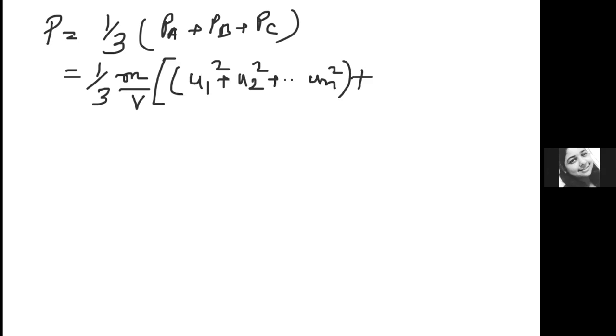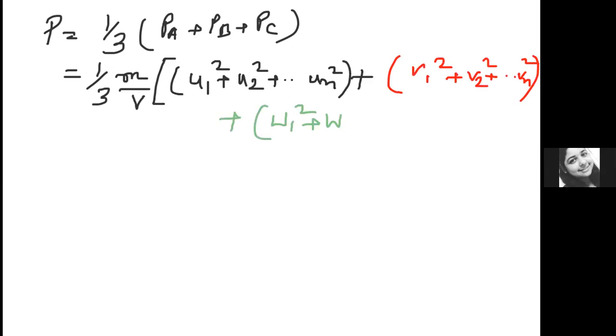I then have this part V1 square plus V2 square plus dot dot dot Vn square, and I have another part that is W1 square plus W2 square plus dot dot dot Wn square. So these 3 parts are for this portion. Now open the brackets and bring all the ones together, all the 2 coordinates together, and similarly the rest.